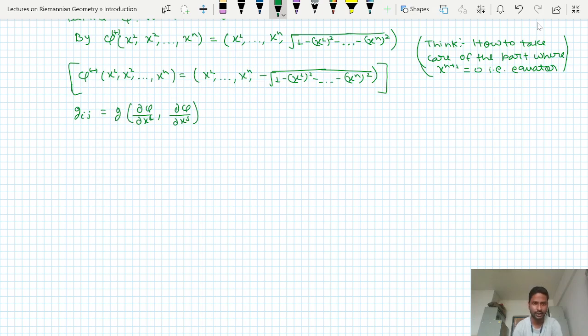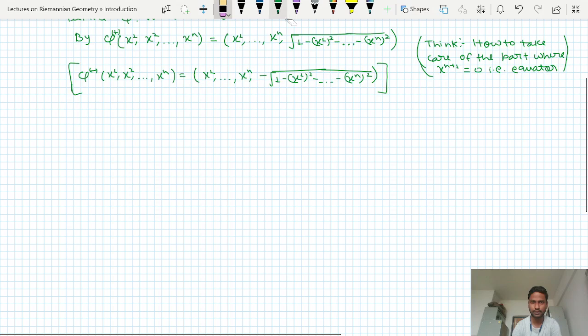So let's find g11. What will be g11? It will be the dot product of del phi over del x1, comma del phi over, oh, I'm sorry, I need to calculate the partial derivatives first. Only then I will be able to calculate these components.